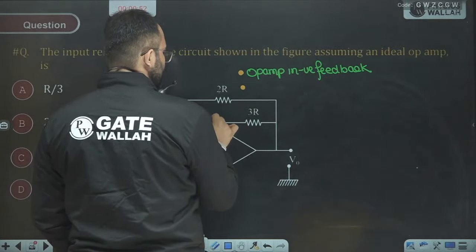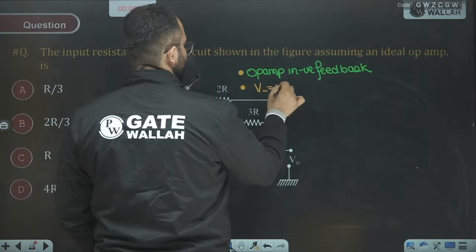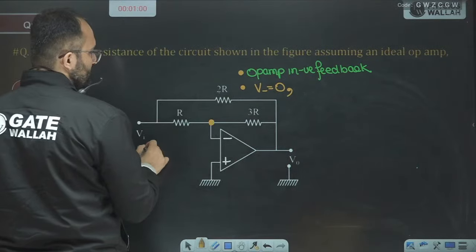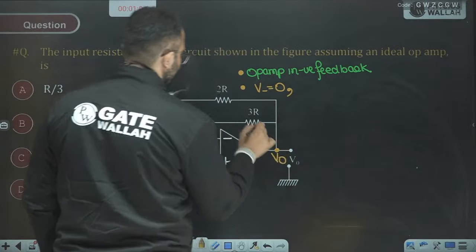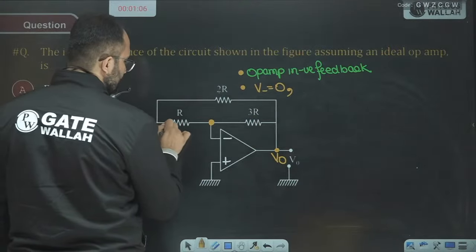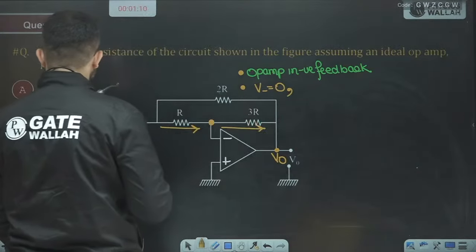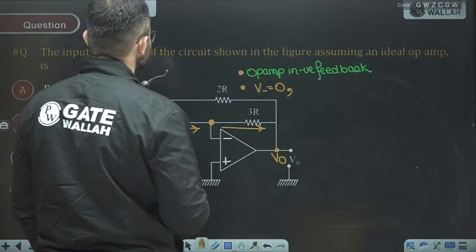So this terminal is grounded, V minus is 0. This is your VO. Whatever current is going here, the same current will go here. We have to find the input resistance.